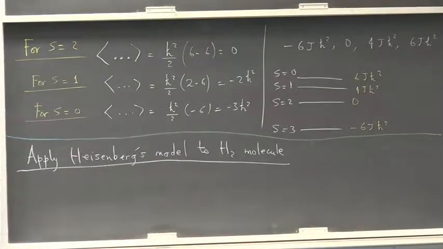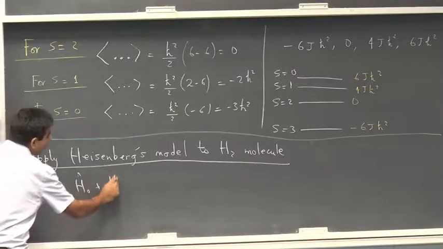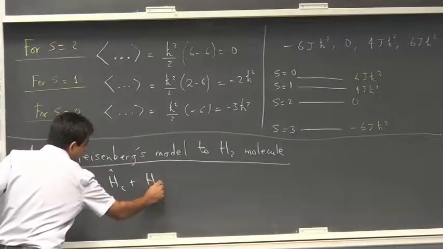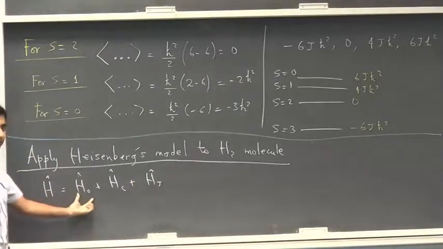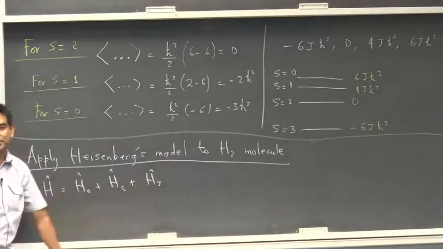So we know that the Hamiltonian is given by some H0 plus a Coulombic term, plus the exchange term. This has eigenvalues 2E1, this has eigenvalues corresponding to the Coulombic terms, and this is the exchange Hamiltonian over here.